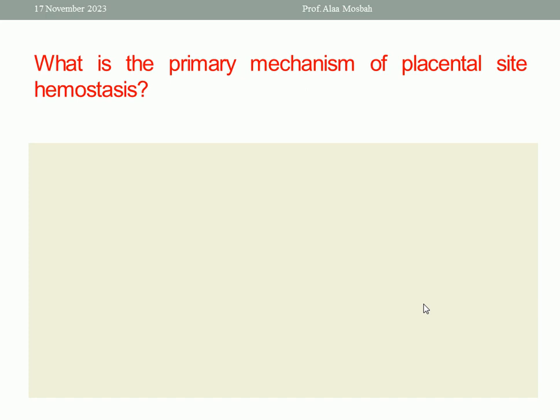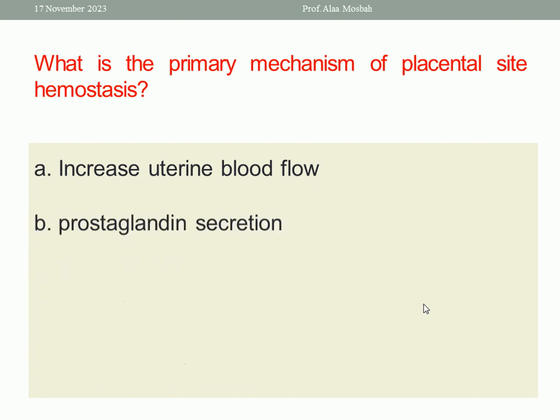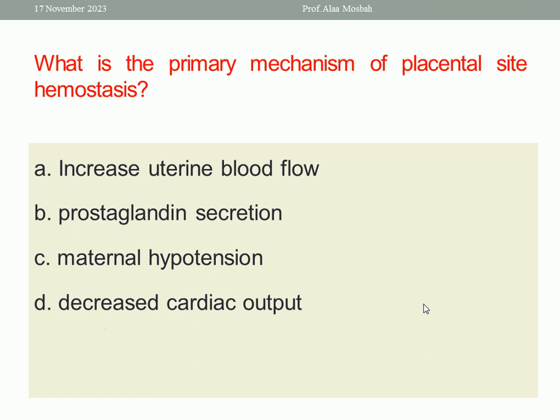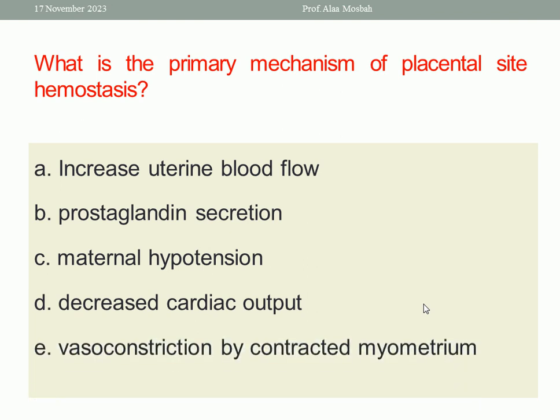What is the primary mechanism of placental site hemostasis? A. Increase uterine blood flow. B. Prostaglandin secretion. C. Maternal hypotension. D. Decrease the cardiac output. E. Vasoconstriction by contracted myometrium.